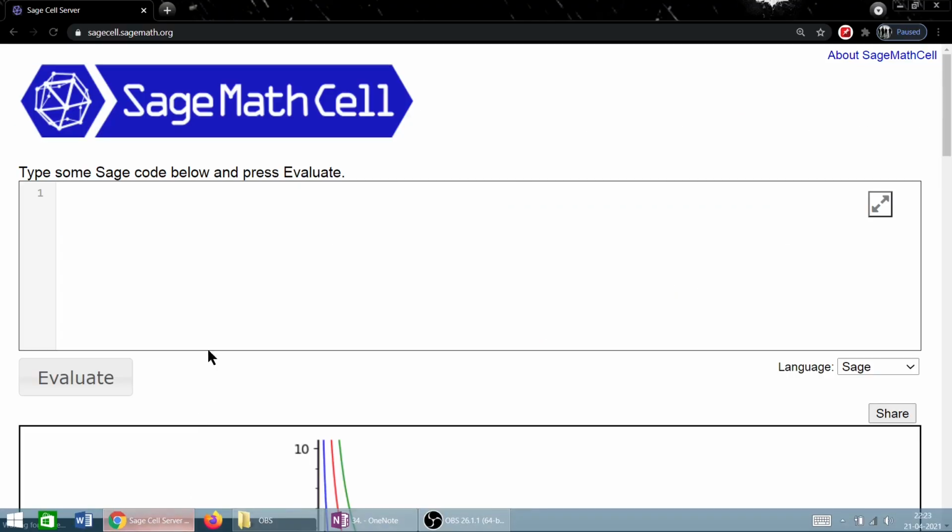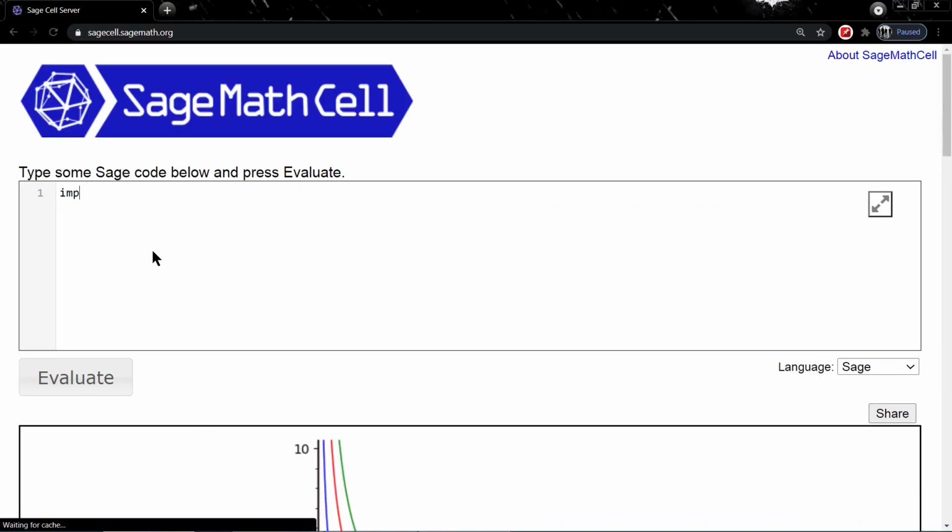So we will write implicit underscore plot, f of x y is x to the power 2 plus y to the power 2 minus r square, that is r to the power 2. We will take the x range from minus 10 to 10.